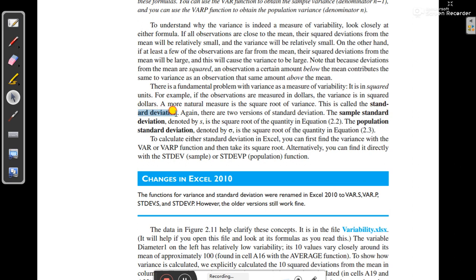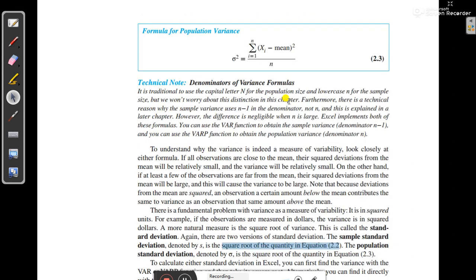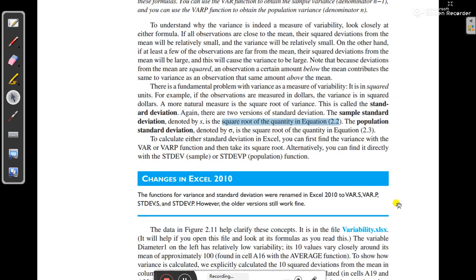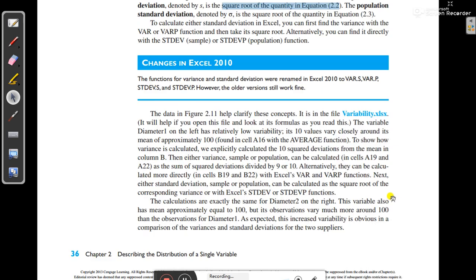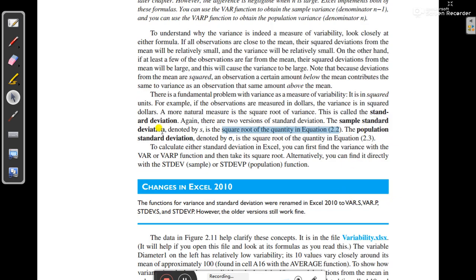Why are we trying to calculate standard deviation? Because the variance value is a squared value, but the standard deviation is the square root of the equation 2.2. Equation 2.2 was this. So there are again two terms, population standard deviation and sample standard deviation.